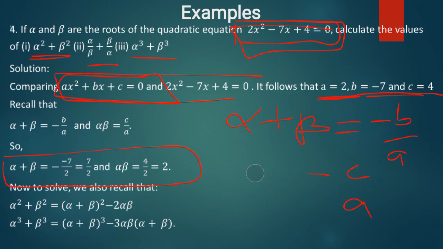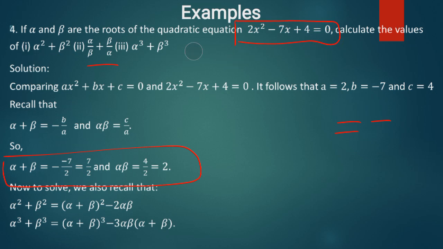Plug them in. Having plugged them in, our target is to solve for alpha squared plus beta squared and the rest. So we succeeded in getting alpha plus beta and alpha beta, but we need this. How do we get this? Now recall what I told you: I needed you to know this product by heart.